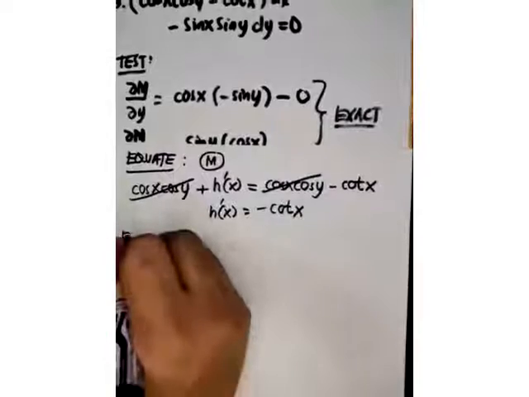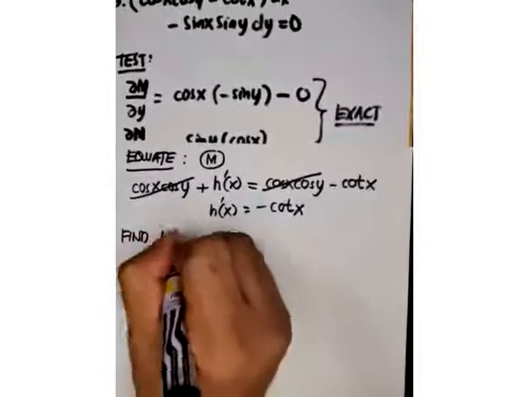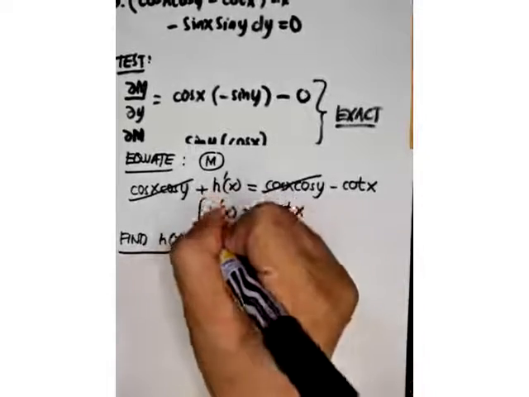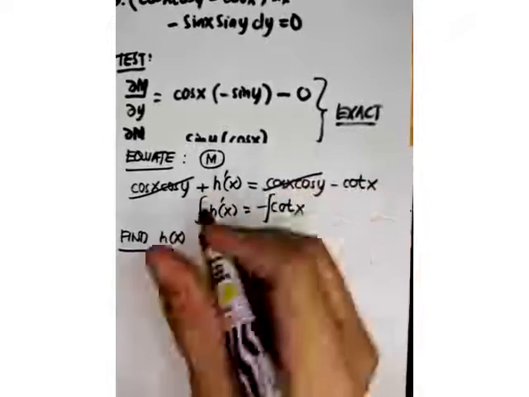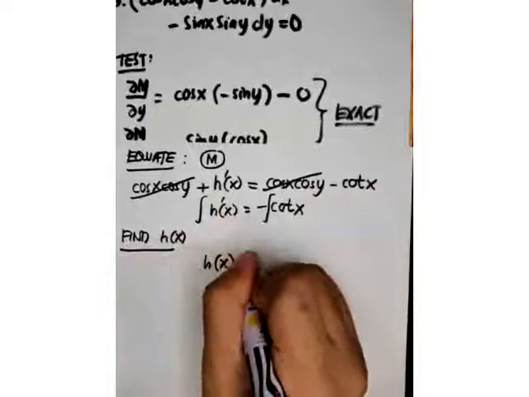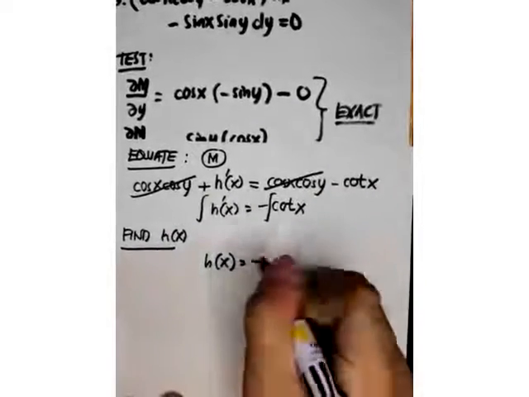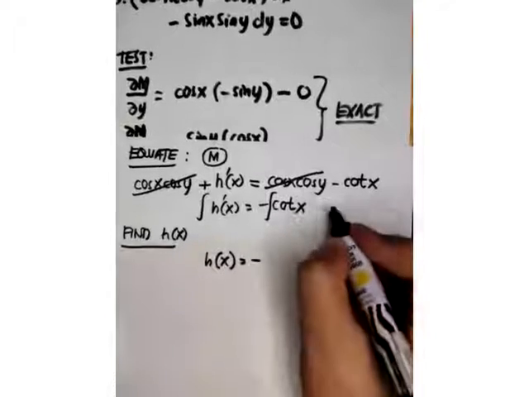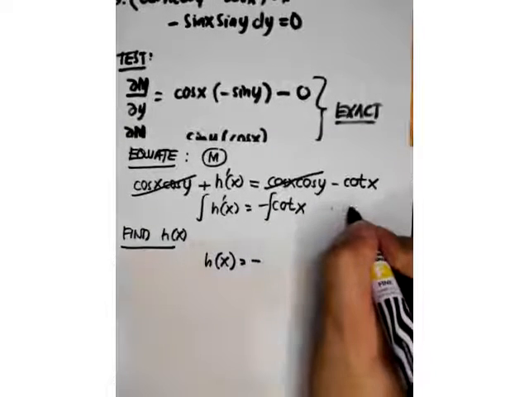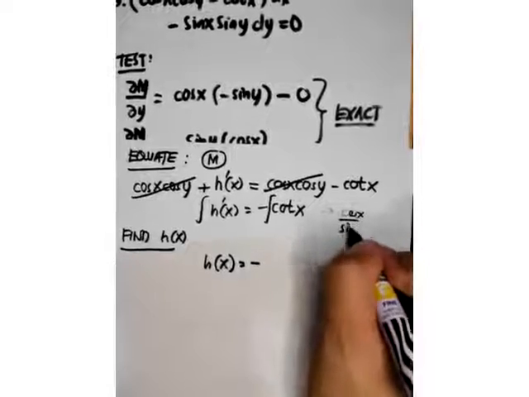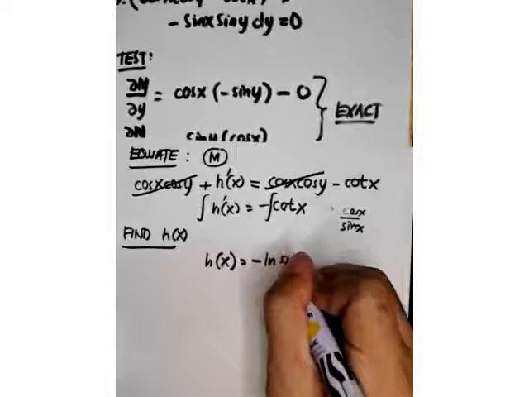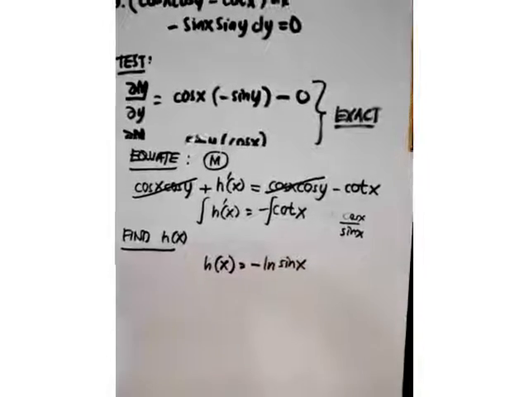Okay. Next is we need to find h of x. Since given na tayo nito, ang gagawin na lang natin ay integrate. So what is the value of h of x? Negative, ano yung integral ng cotangent? Kasi ang cotangent ay cosine over sine. So it is ln of sine x.